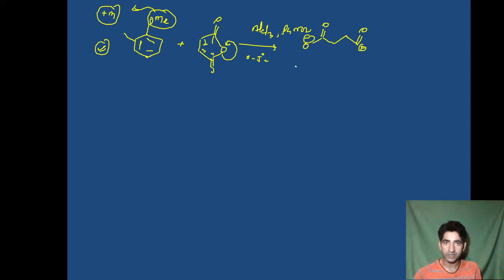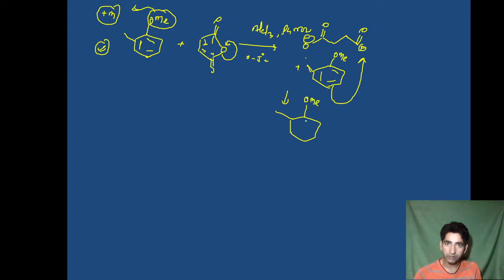So in the next step, what will happen? Attack of methoxybenzene takes place on this carbocation. So we have a substituent over here. Now let us draw the product. Product of the reaction will be like this. We have a substituent over here, we have OMe group over here.